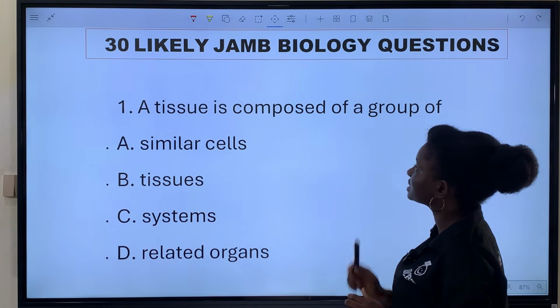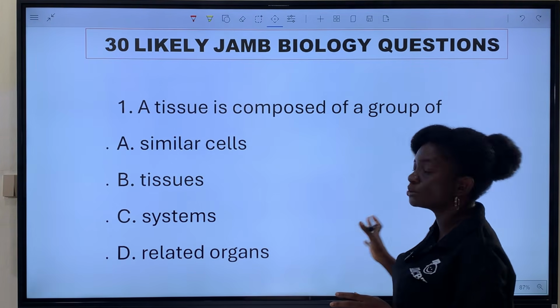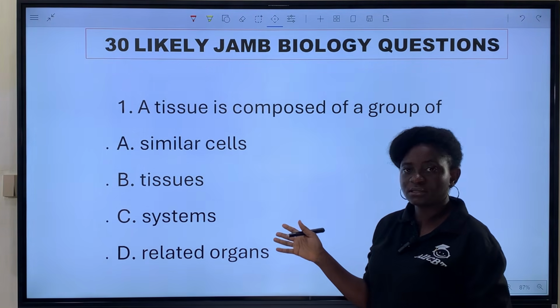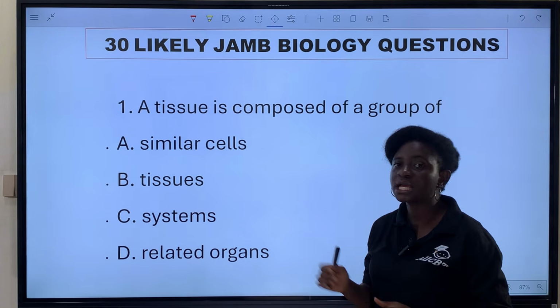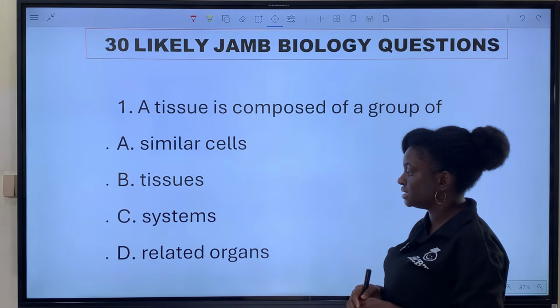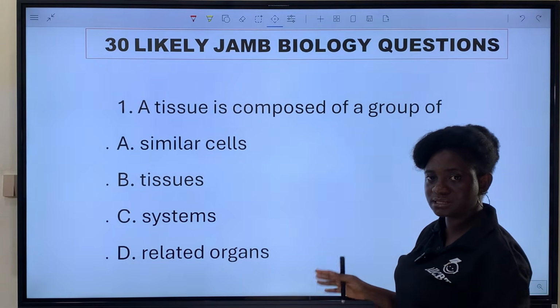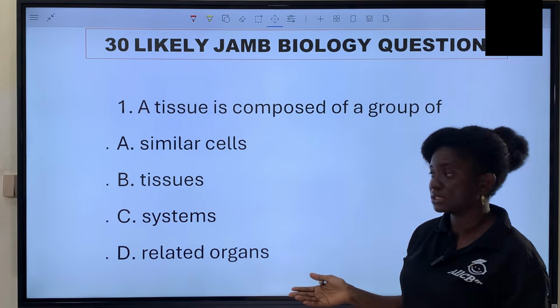Question 1. A tissue is composed of a group of A. Similar cells, B. Tissues, C. System, D. Related organs. So it's simple. Let's take a look at the level of organization.